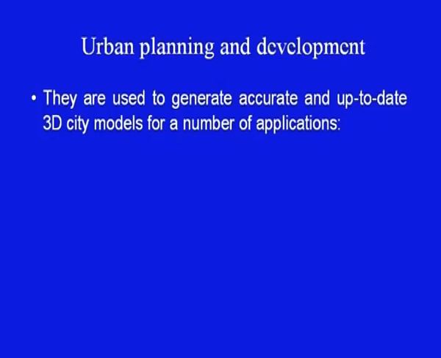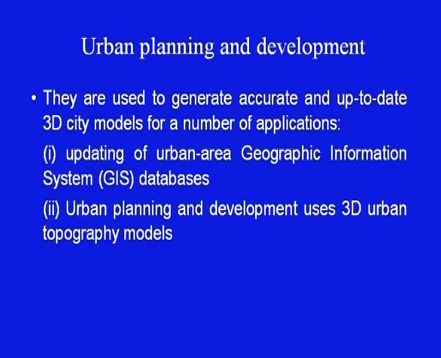Another area is in urban planning and development. They are used to generate accurate and up-to-date 3D city models for a number of applications, such as updating of urban area geographic information system databases.